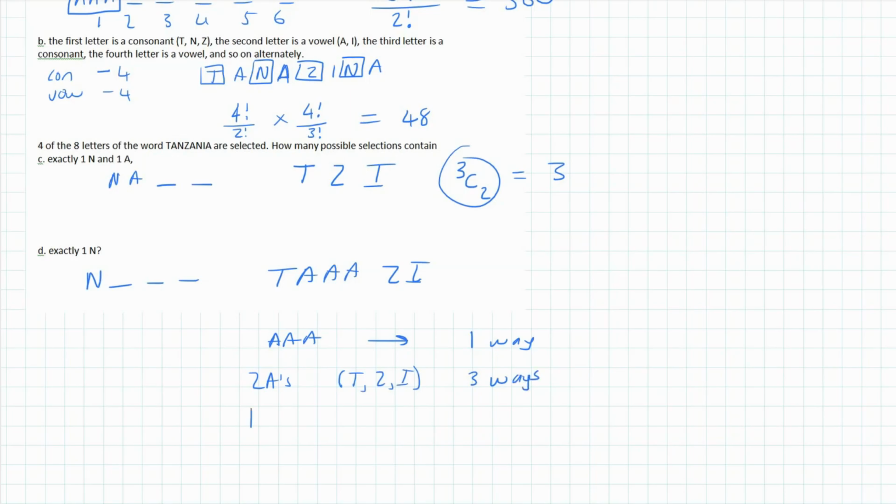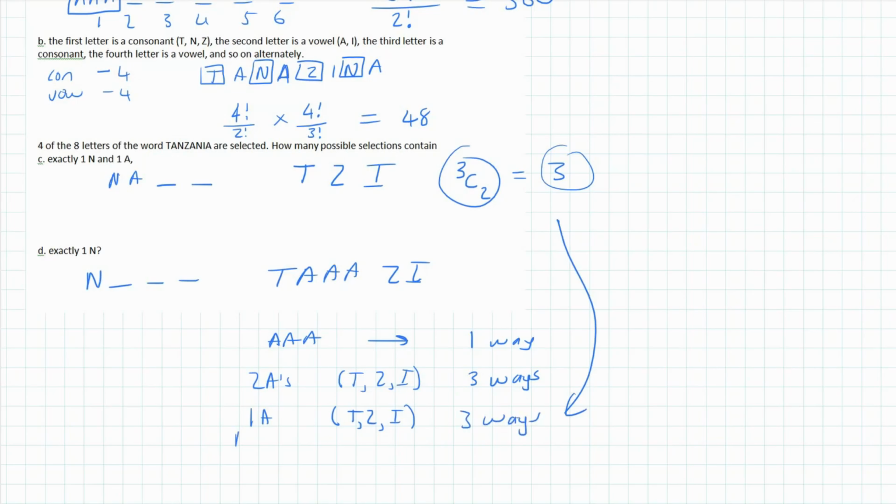And then I could have 1 A, and that would leave me with T, Z, I still left over, and I've got to choose 2 of them, right? 1 A and then 2 of them, but we've already found out that that would give us 3 ways, because it's 3 choose 2.